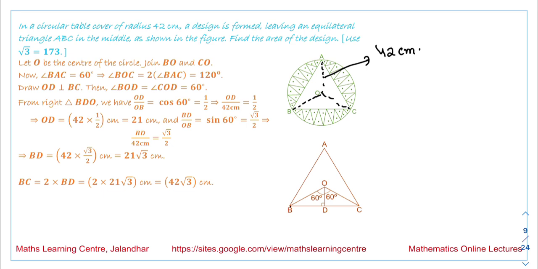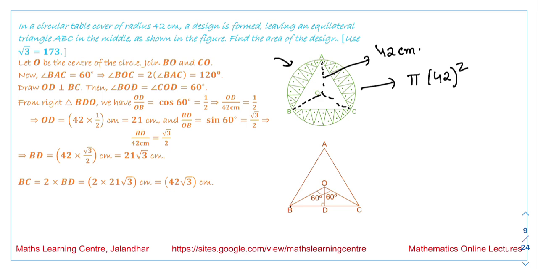So we are going to find the area of the circle. Area of the circle will be pi into 42 square, and next we have to find the area of this equilateral triangle, and then we subtract these two values.